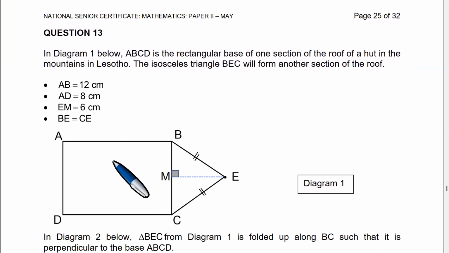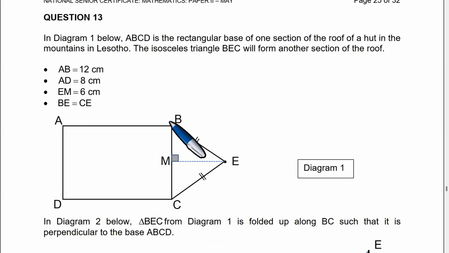Right, question 13. You have something interesting. Right, in diagram 1 below, ABCD is the rectangular base of one section of the roof of a hut in the mountains of Lesotho. The isosceles triangle BEC will form another section of the roof.